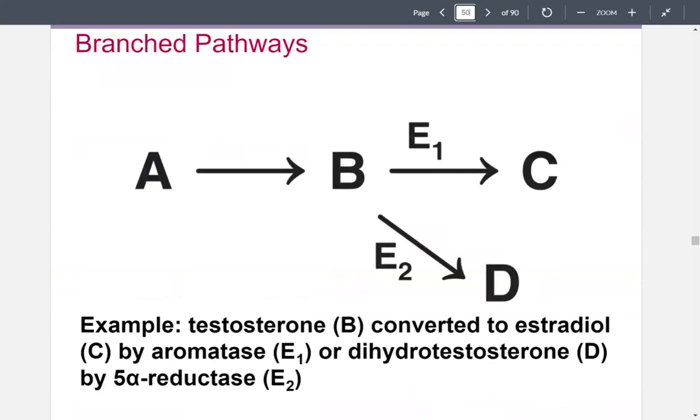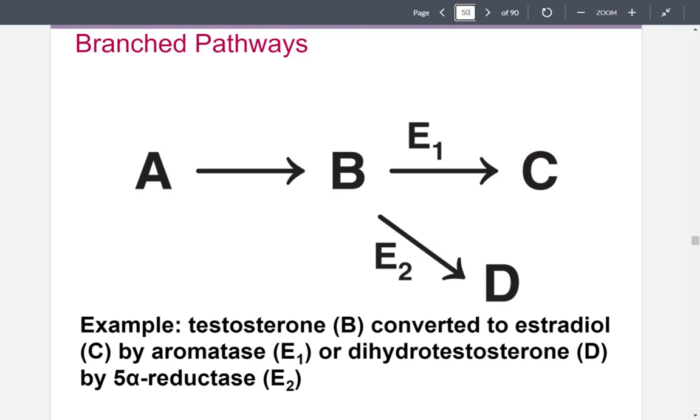All right, branched pathways. So this is an example of when we have a substrate that can become one of 2 different products depending upon the enzyme that is used. Example here, we have testosterone.